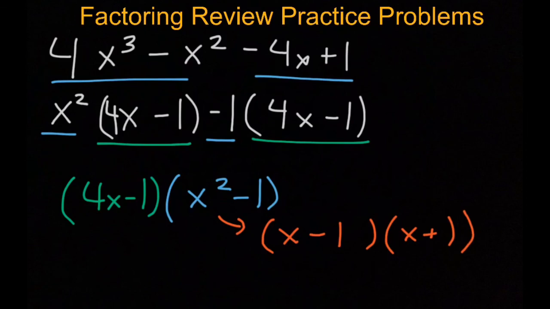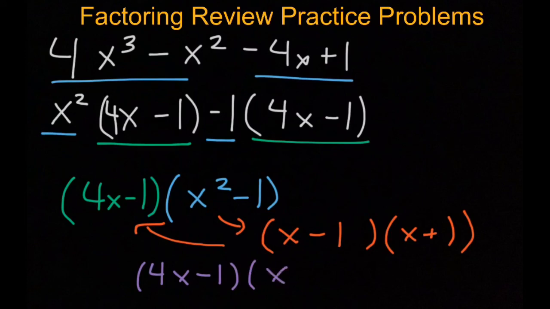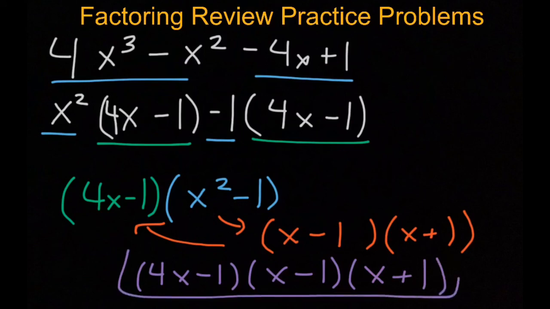So then we combine it with this. So for our final answer, we will have 4x minus 1 and x minus 1 and x plus 1. And this is our final answer for the fourth question.